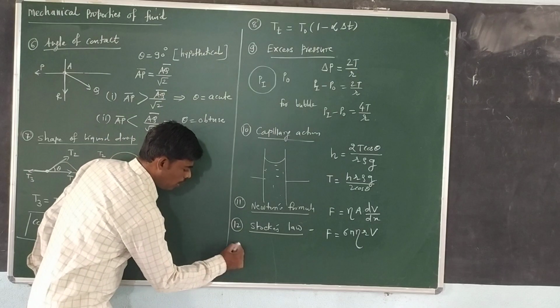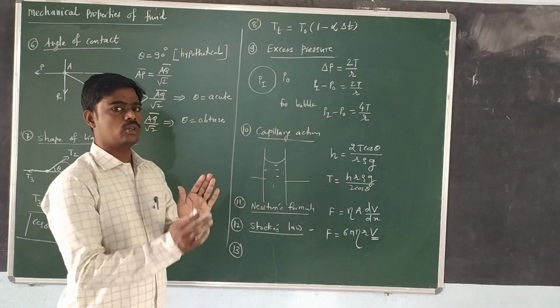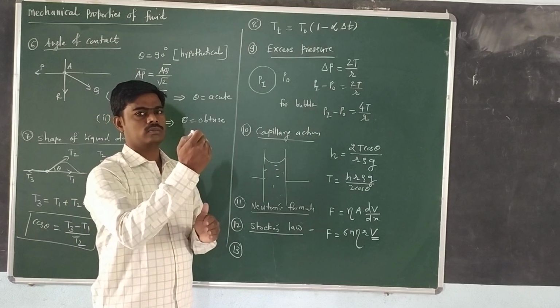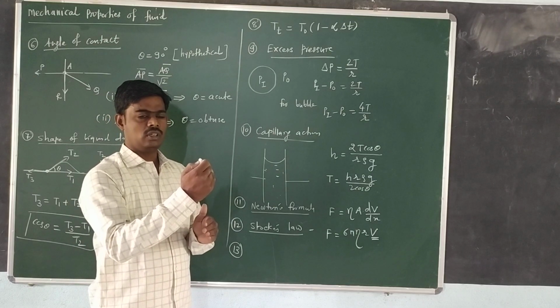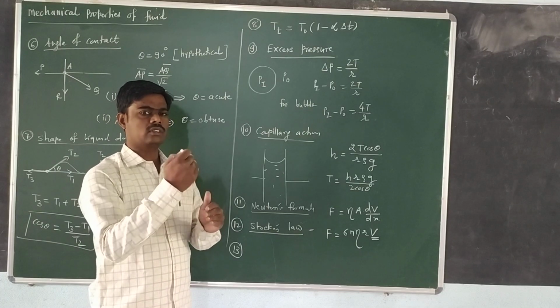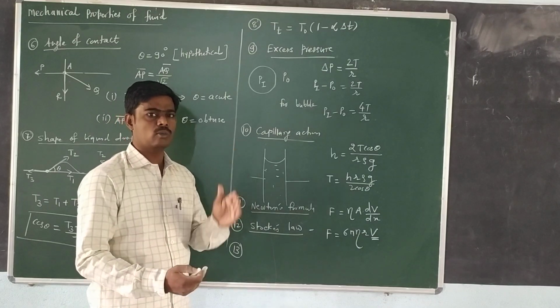We can also find this velocity by considering the equilibrium condition of three forces. One is the upward viscous force, another is the upthrust, and the third is the gravitational force, that means the weight of that spherical body.